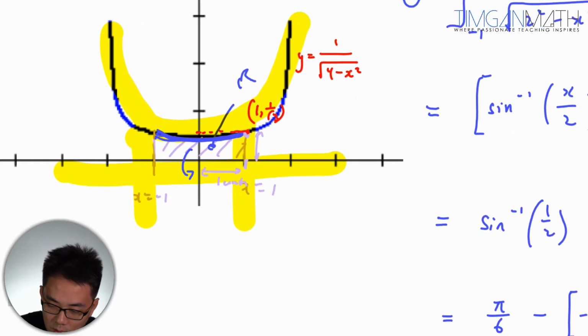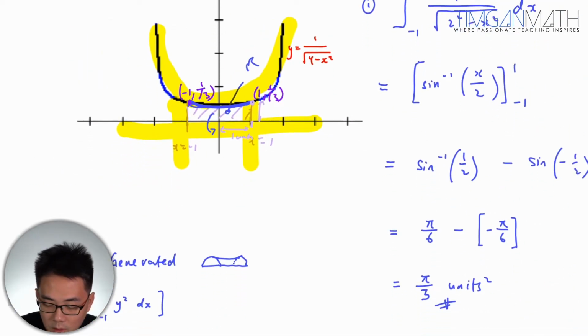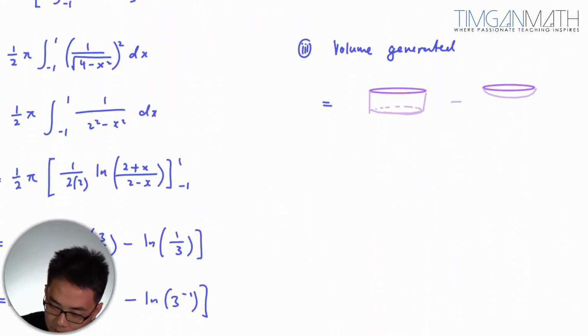So it's 1 over root 3, and after which, same thing. Okay, and this will be negative 1 over root 3 as well. Great. So once that is done, this cross section here will be 0 and 1 over 2. Okay, there's 1 over 2 there.